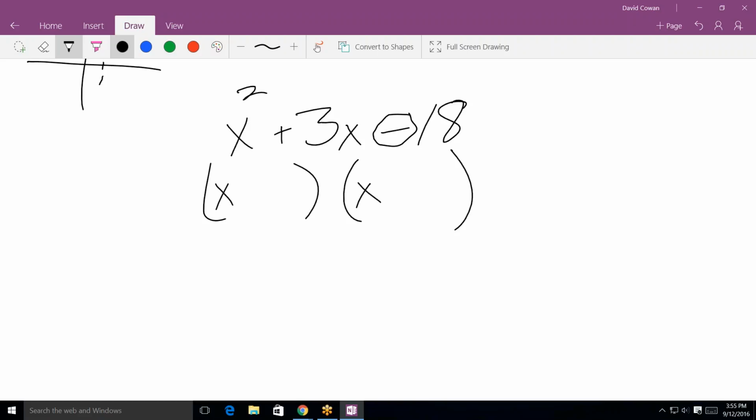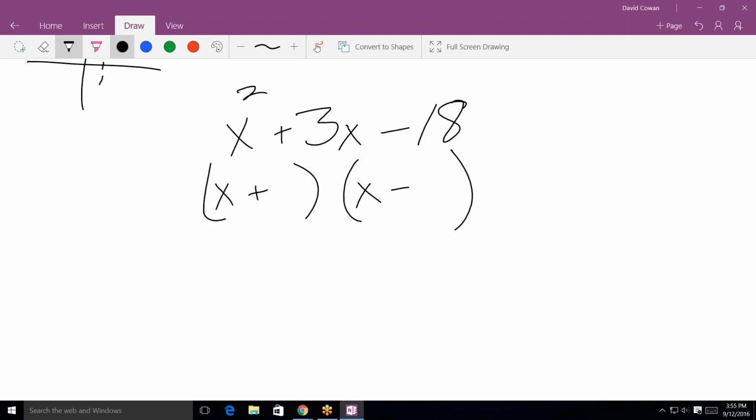But in this case, for sure, one's negative and one's positive, and it doesn't matter which one goes where, as long as the coefficients of the x terms here are the same. As long as they're the same, it doesn't matter where the plus goes and where the minus goes.